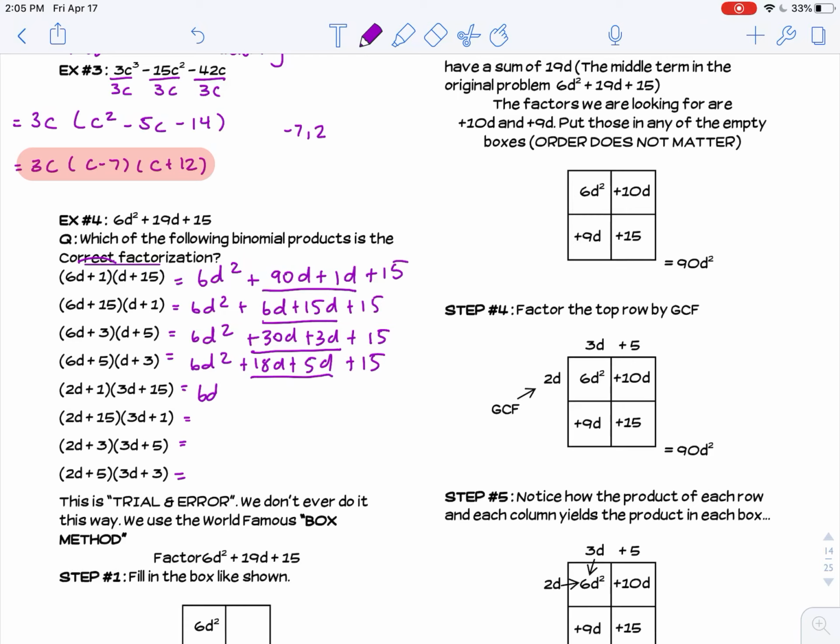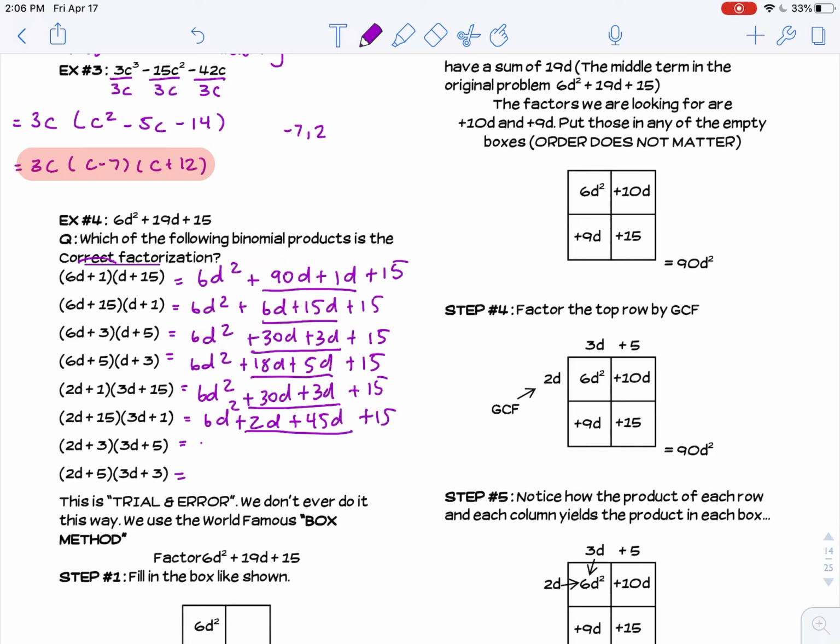We could keep going. 6d squared plus 30d plus 3d plus 15. That wouldn't work. We could do 6d squared plus 2d plus 45d plus 15.